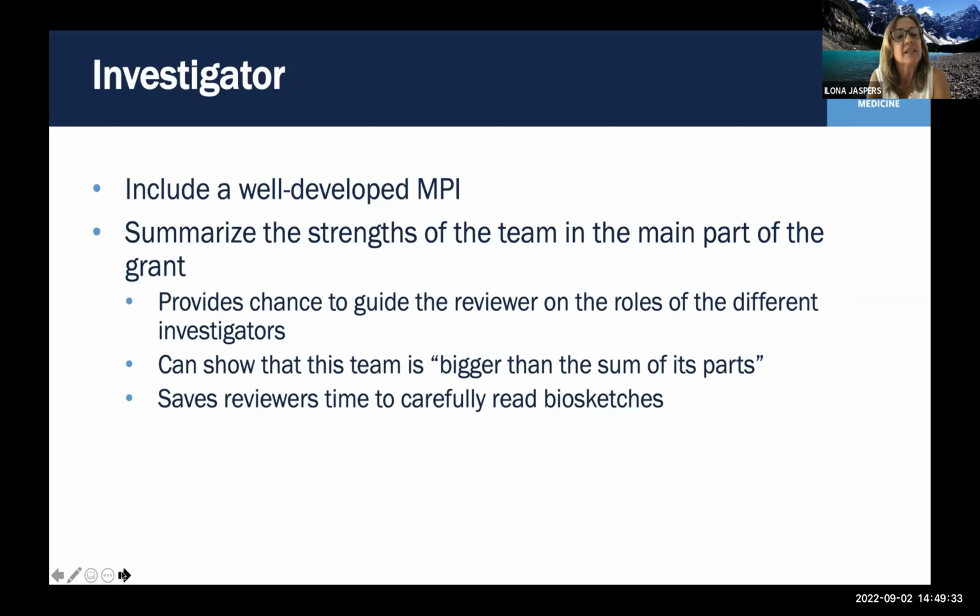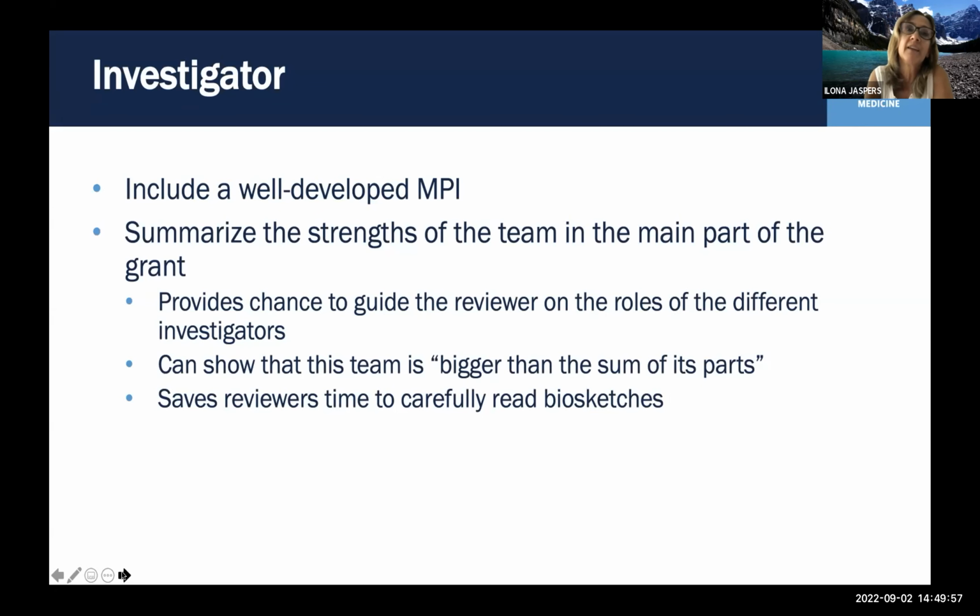But I actually like to summarize the investigator component in the main part of my grant. I do this usually in a very succinct paragraph because it makes sure that all of the roles and all of the responsibilities of the different components of the grant are covered.